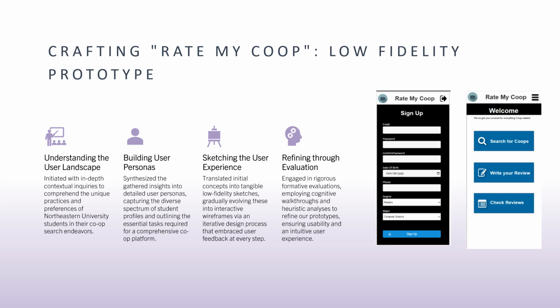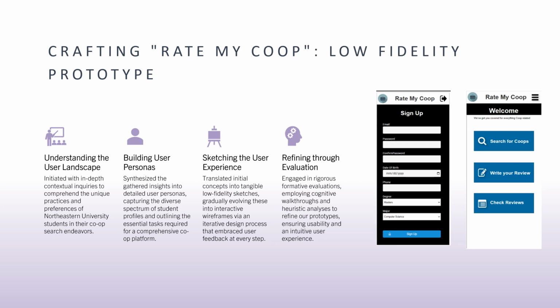These personas became the cornerstone of our design, guiding our sketches and wireframes to ensure each feature resonated with our users. The evolution from low to medium fidelity was driven by active student feedback, allowing us to iterate quickly and with purpose. Expert evaluations were also very pivotal, providing an external lens to refine usability, accessibility, and ensuring our design met industry standards.